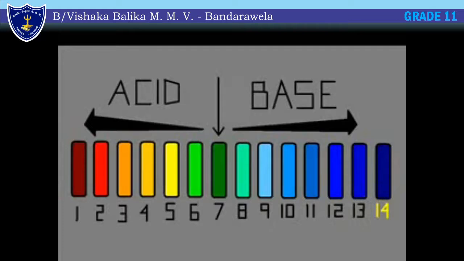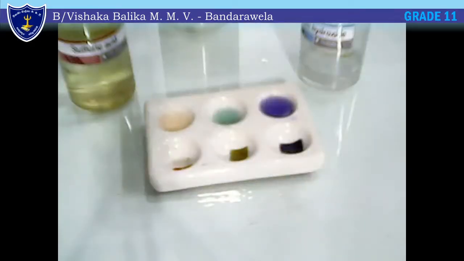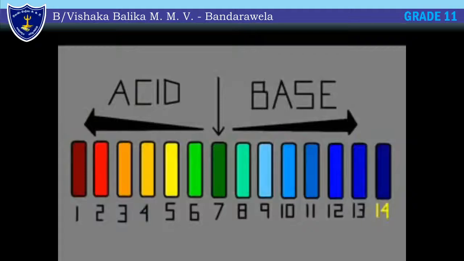When it's increasing, you can see the bluish nature increasing. So dark blue means it's a strong base. That was the color that we noticed in the activity there. So you can see in that activity, that dark blue color came, that means it is a strong base. Sodium hydroxide was used in that.